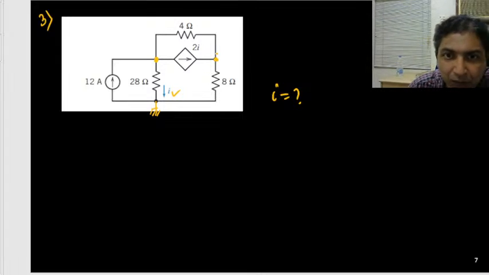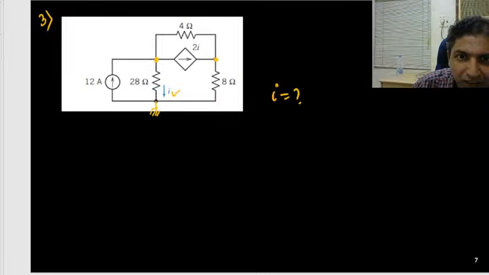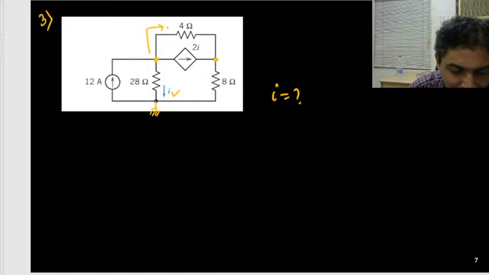Here I will be considering a different approach. Just see what I can do. This current is I, the current through 28 ohm is I, this is dependent current source 2I. This dependent current source, its magnitude is depending on this current I, it is twice of that. So can you identify what is the current through this side, this 4 ohm resistance?